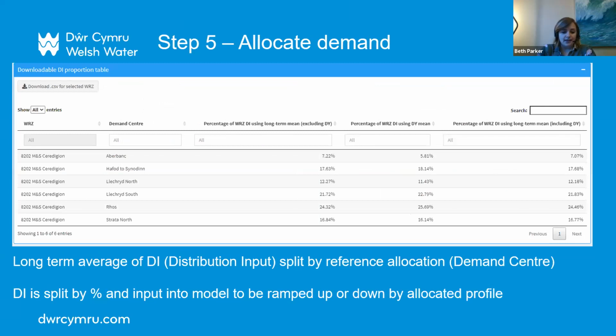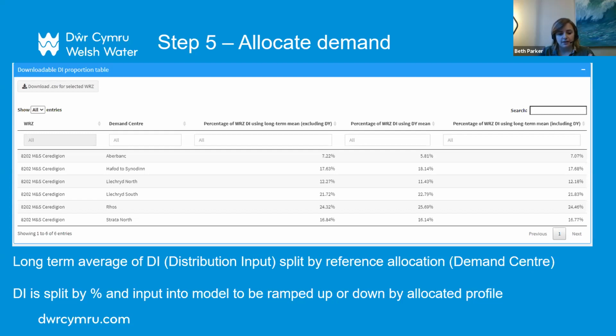So the final step is to allocate the demand amounts, and A2D2 allows us to look at a long-term average of distribution input split by our reference allocation or our demand center setups. So in Mid and South Carolina, we have 7 demand center setups, and it splits the allocation by the number of SDMAs and the amount of demand they take in each of the demand centers and allocates a percentage.